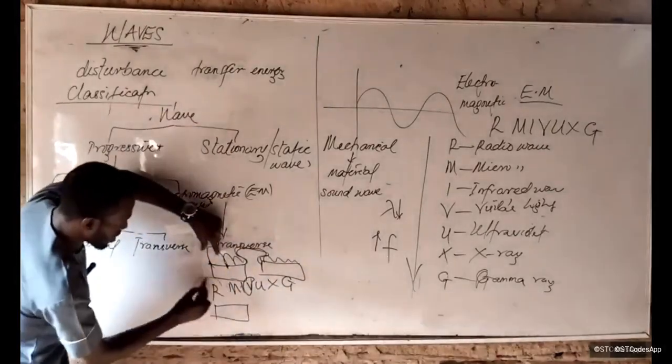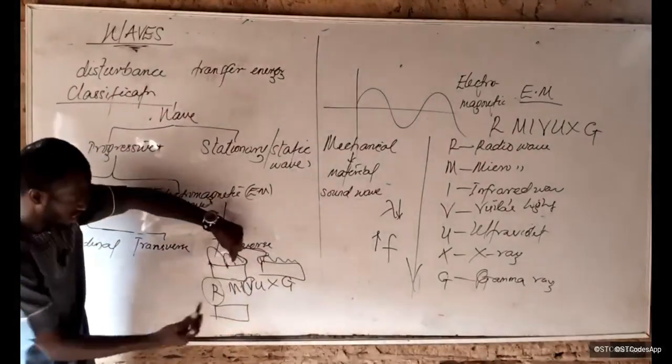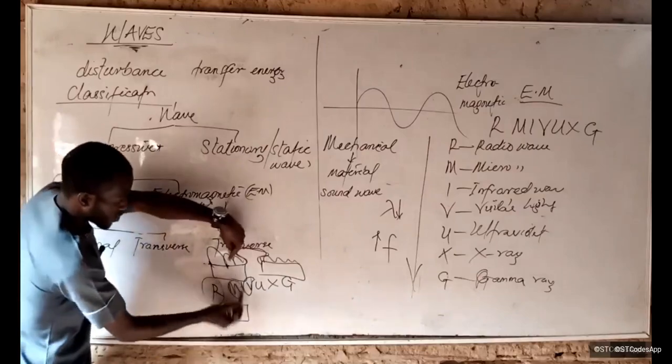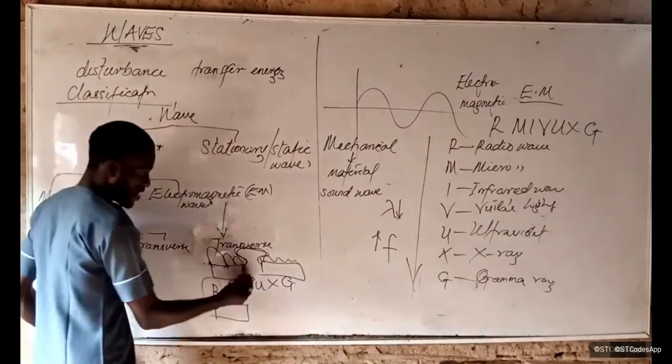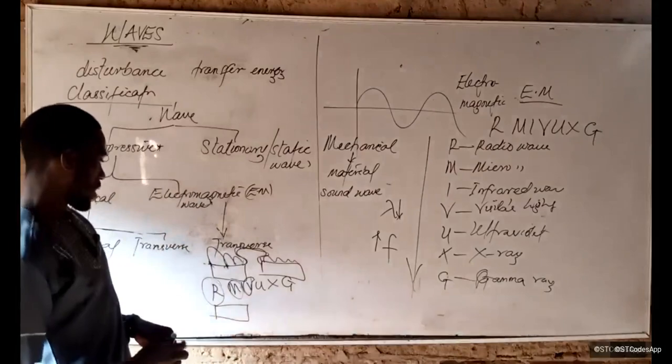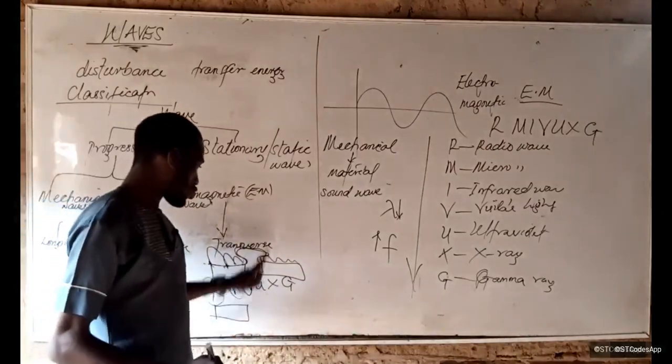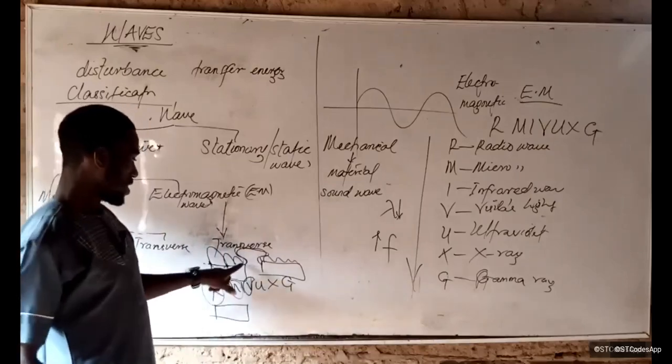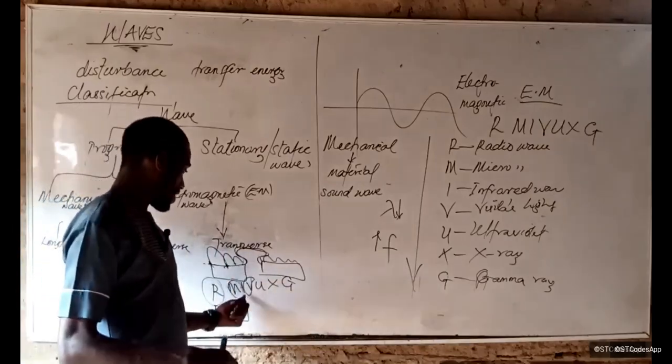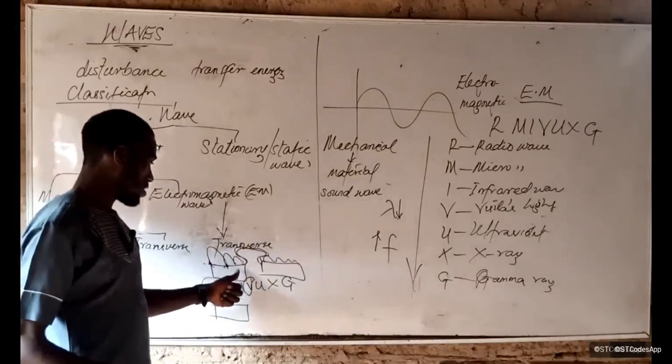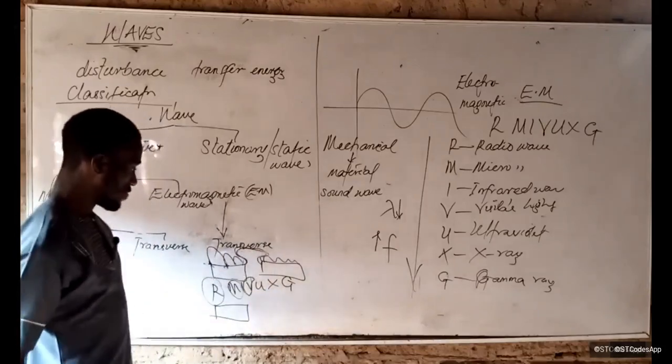So here, you're going to have the radio wave. It's going to have a larger wavelength. From here to here is bigger. Then microwave is going to have the next large wavelength. Then this one, infrared, is going to have that. And then the infrared ray is going to have a larger wavelength than the visible lights.